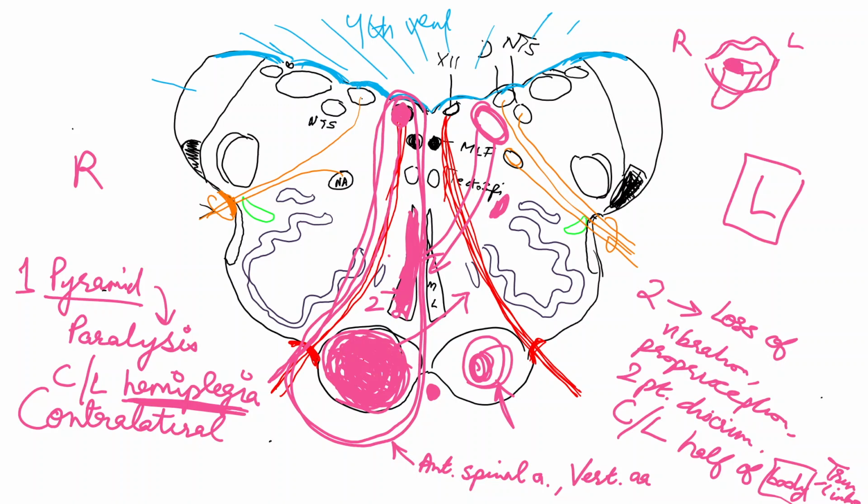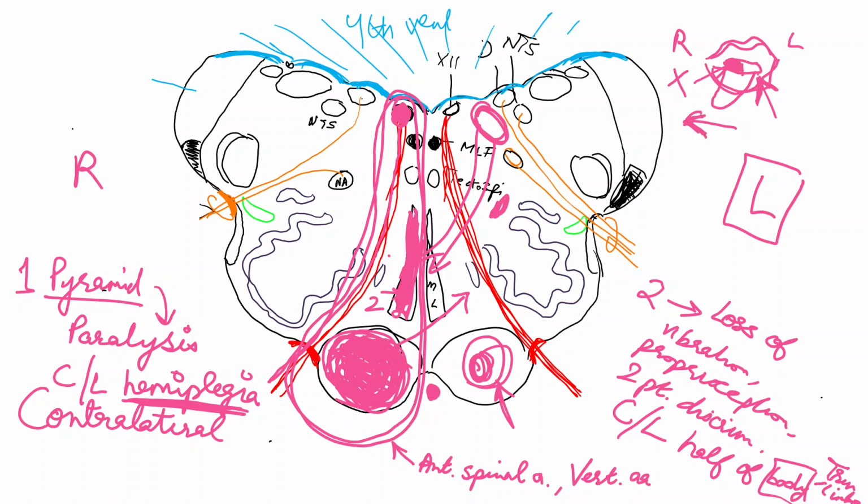Why? Because there is a muscle called genioglossus which is responsible for this deviation. The genioglossus of the normal side is intact, but genioglossus of the affected side is paralyzed. So this genioglossus of the normal side causes pushing of the tongue, deviation of the tongue to the opposite side, which is the side of the lesion.